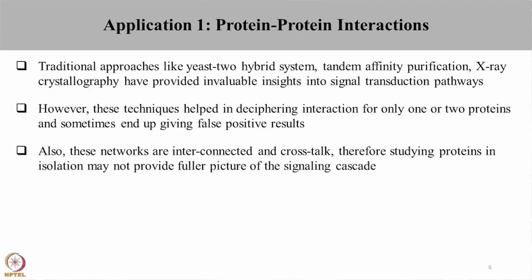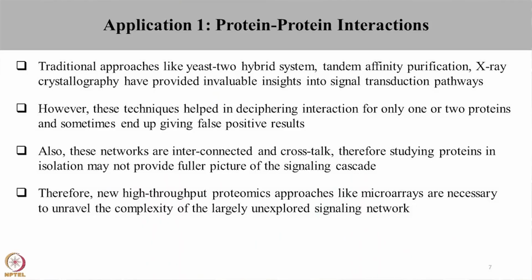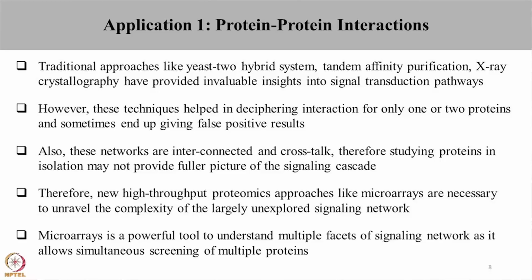These networks, the signaling pathways, are dynamic. Therefore, studying a protein in isolation might not provide a fuller picture of the interacting pathway. Therefore, high throughput platforms like protein microarrays can hold immense value to screen multiple proteins together, and hence can be used to decipher the protein-protein interactions.